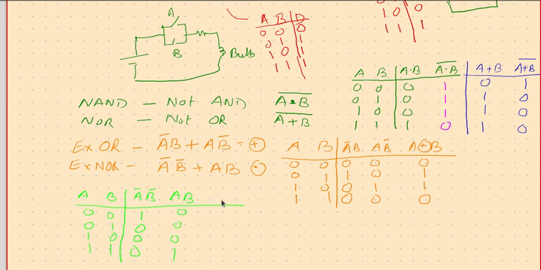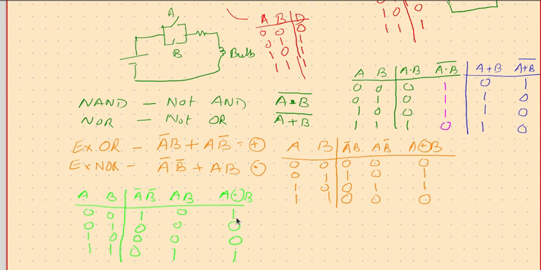So when you sum them, that means when the OR operation is done on these two, then this is going to be 1. Both are 0, so 0 or 0 is 0, 0 or 0 is 0, 0 or 1 is 1. So this is another special thing. It says output is 1 only when both are same.